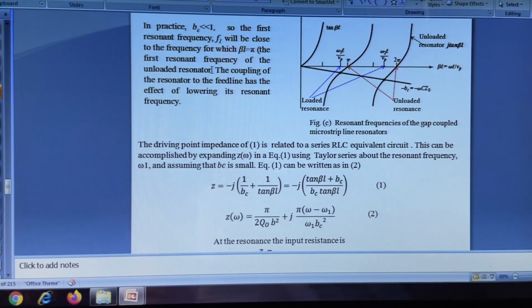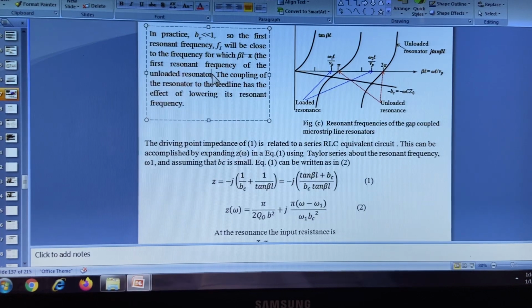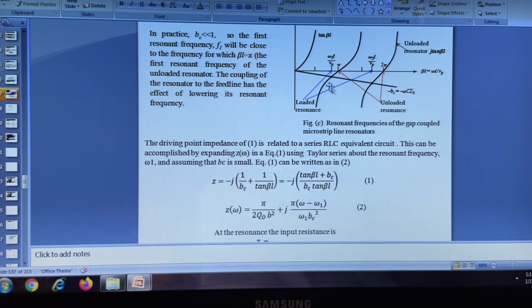For the unloaded resonator circuit, the coupling of the resonator to the feed line has the effect of lowering its resonant frequency. Because of the addition of a coupling capacitor, the resonant frequency is shifted to a lower value. This is a plot of BC, minus BC, that is equal to minus omega C Z naught. If you plot that, we get this line here.